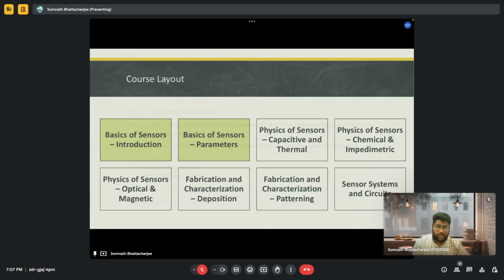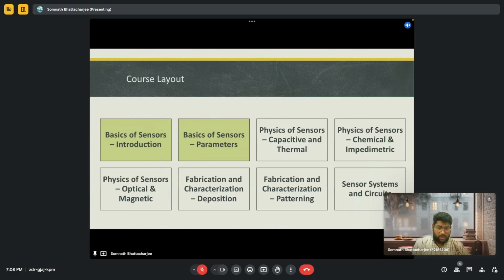After that, we learned how to fabricate these sensors and characterize them for specific patterns, using lithography or ALD techniques. Finally, we learned how to integrate our sensors into a circuit.